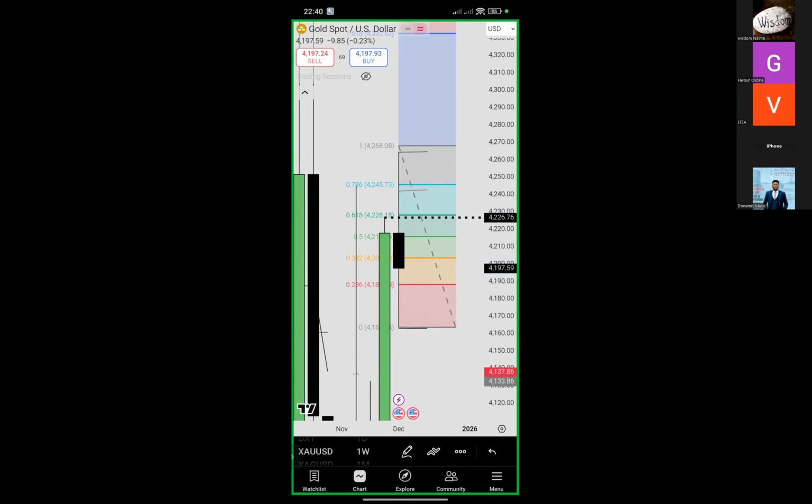So now, where is 50%? Right here. Then we are looking at premium, right? Premium POIs. You already marked the tip of the green candle. Now, the black candle itself, remember the open and close: the green close is there, the black candle opens there. That also matters. It's very important.